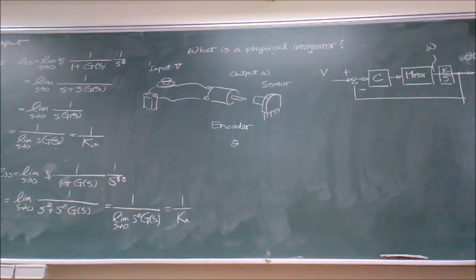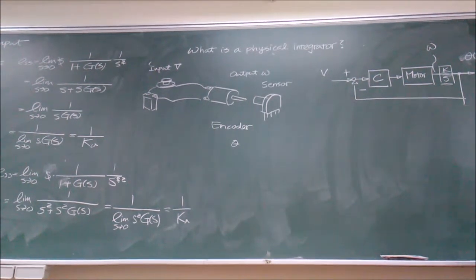So when you are trying to find an integrator, you need to think everything physically. This is the easiest way of thinking about it. If you are measuring something which is acceleration, integrate acceleration becomes velocity. Integrate velocity becomes position.